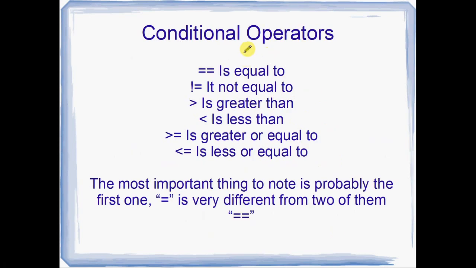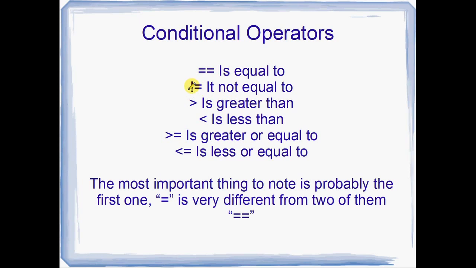Okay, good stuff. But this is the real crux of the tutorial here. These are the conditional operators. We've got a whole bunch here, and let's just go through them. First of all, the double equals, two equal symbols one after another, means is equal to. Not equal to is an exclamation point and then the equal sign.